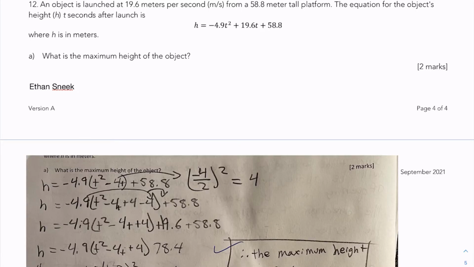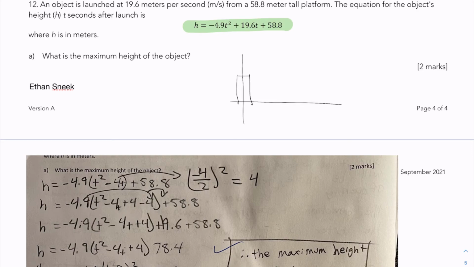So in this last question, we're actually given, for a change, the equation, and we want to determine some information based on the question here. We have an object launched at a certain speed and from a certain height.